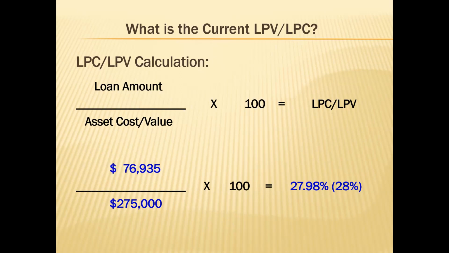So you would always use the current loan amount? The current loan amount, the principal. Yes, you use that as your numerator. And express that as a percentage of the value of the property.